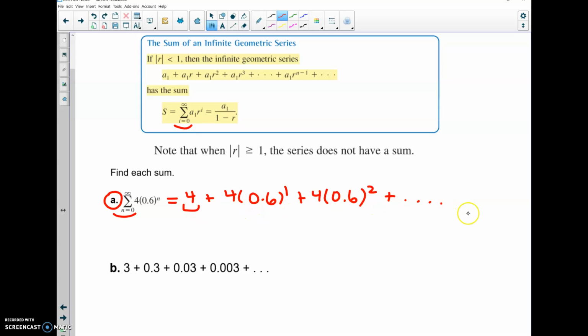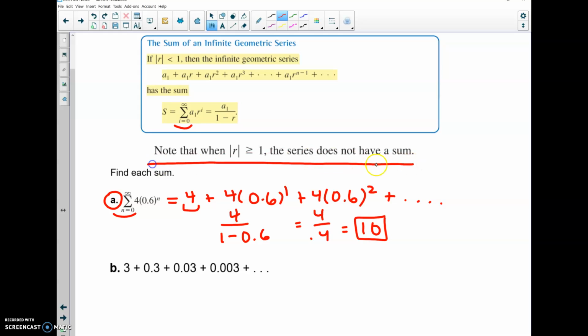It's going on forever. So plugging that into our formula, 4 over 1 minus our common ratio, the sum of our infinite geometric series is 10.